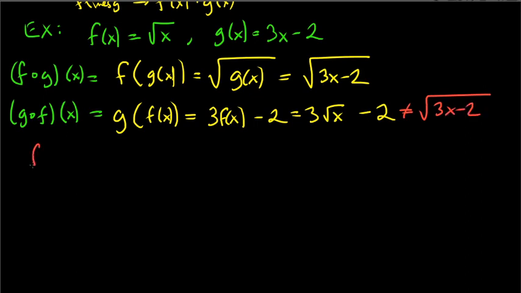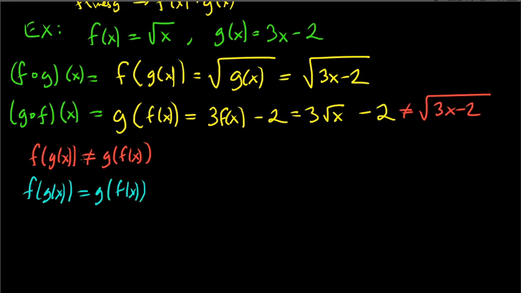So in general, if you take f of g of x, that's not going to be the same as g of f of x. Usually not. Although, sometimes they are equal. And in fact, you should know when these are equal.